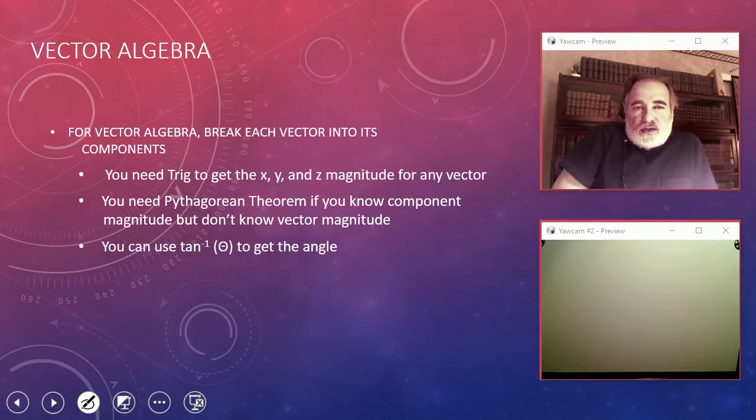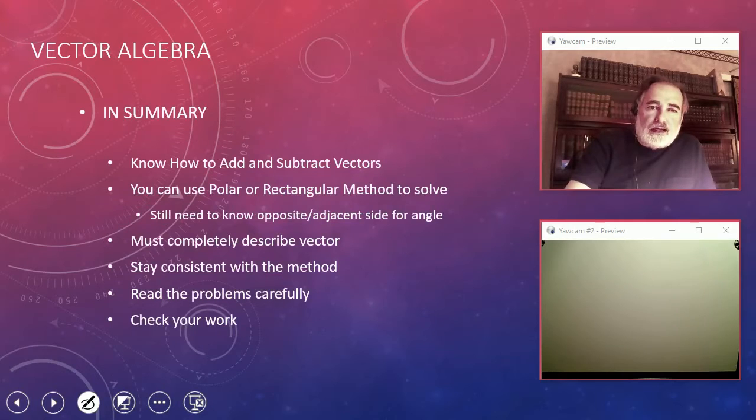In order to do that, if I have the vector itself, I can break it into its x and y components using trig, and I can use Pythagorean's theorem if I know the components, like we did in an example, but don't know the magnitude of the vector. And, as we did, using tan inverse to get the angle. So, before we go into a summary, let's do another example here.